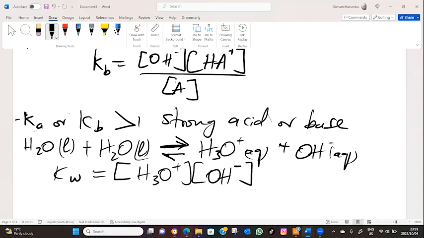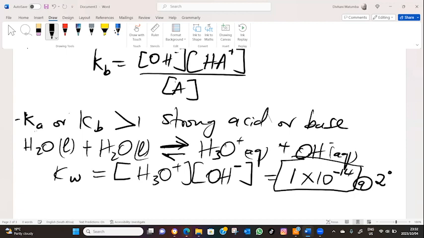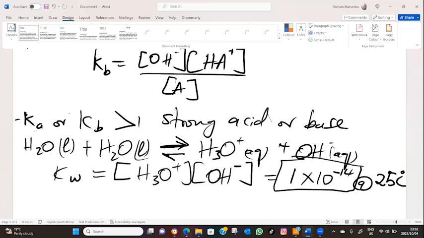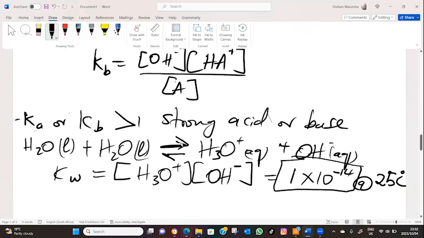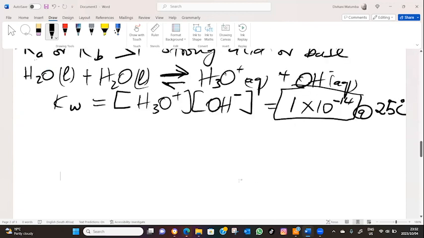Over 1. And typically, this will be equal to the same value always, however, at room temperature, at 25 degrees Celsius. Only if those conditions are met. If they are not, then we don't get it. All right.